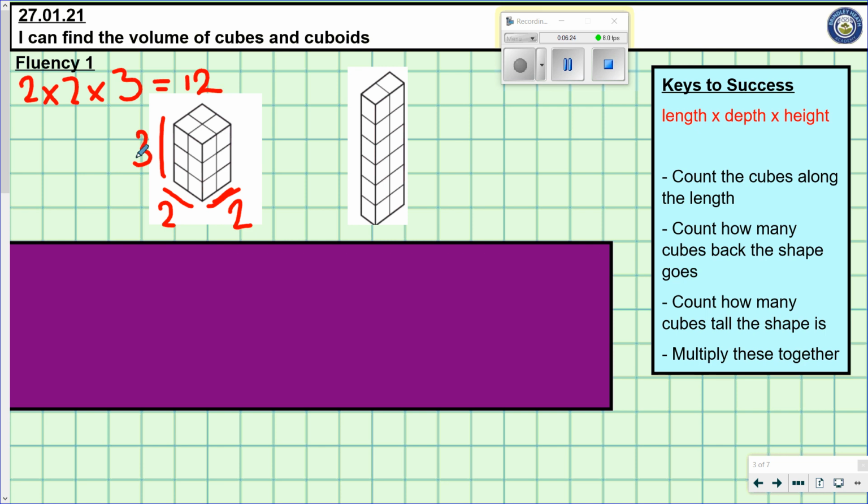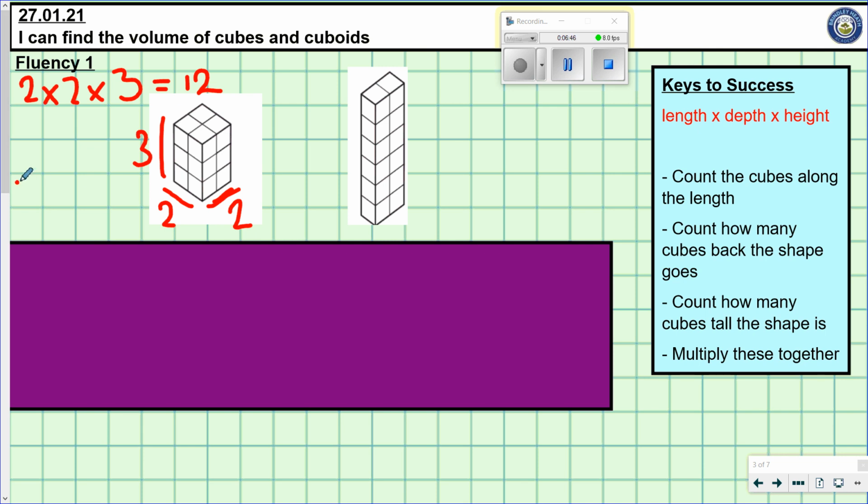Now when we do this kind of question, I have to get children to say to me, well, I don't know, I'm getting a bit confused, which one's the length and which one's the depth? It doesn't actually matter, okay? This is my length, this is my depth, and this is my height, but as long as I know the 3 measurements, it doesn't matter which one's which, because I could do these numbers in a different order.